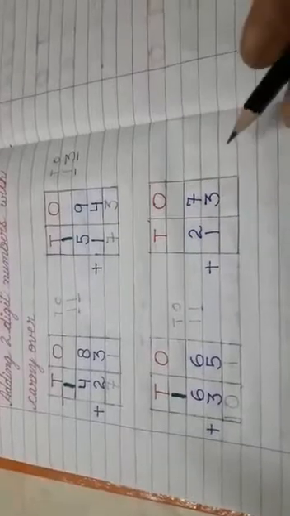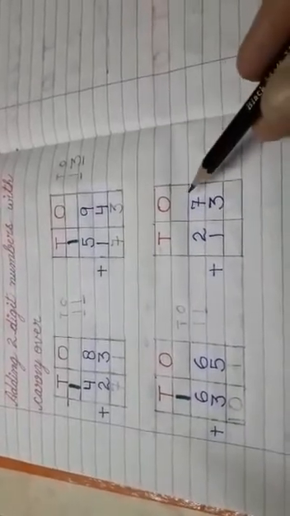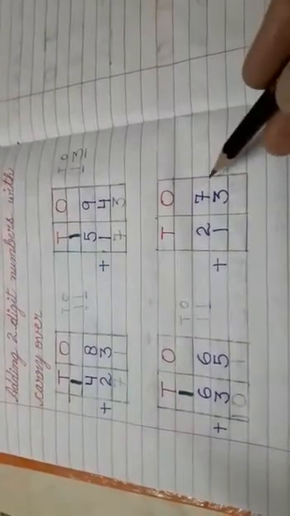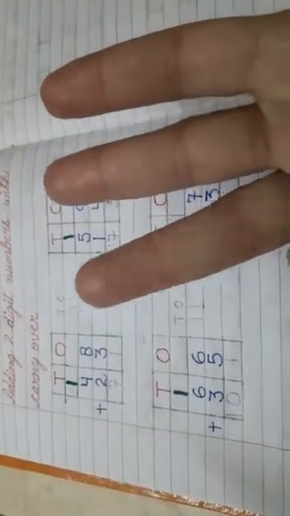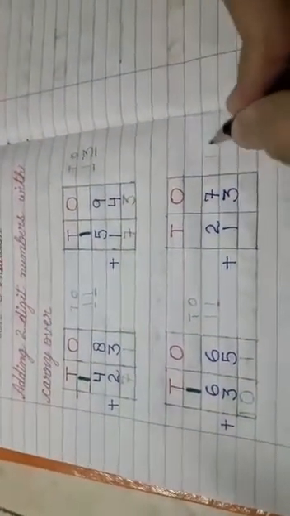Okay. Now the next question is 27 plus 13. We will start adding from the ones column. 7 plus 3. 7 in your mind, 3 in your finger. What comes after 7? 8, 9, 10. How can we write 10? Like this.